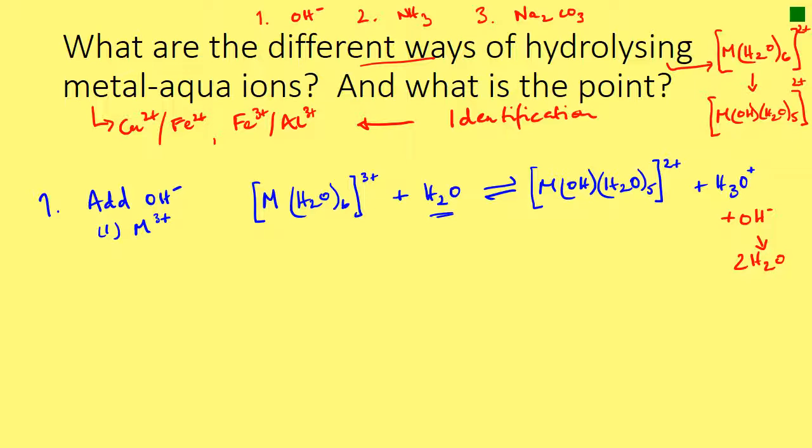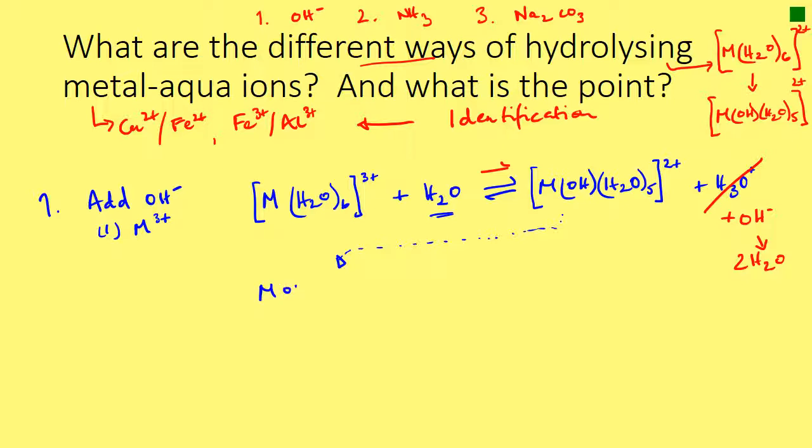That's therefore going to suck this hydroxonium ion out of solution, which is going to encourage more of the forward reaction in this equilibrium reaction, a la Le Chatelier. So in that case, we're going to get a further hydrolysis of this complex here. So I'm just going to draw a dotted line over like this, and we're going to start again with that product.